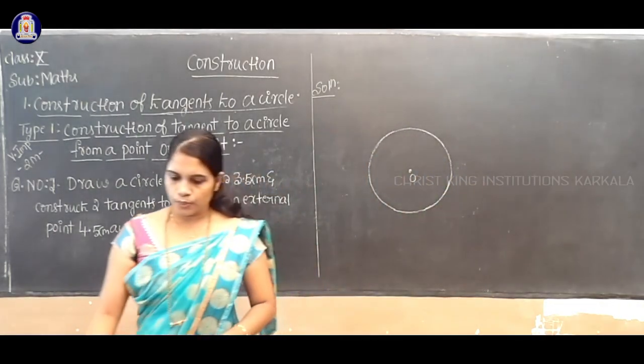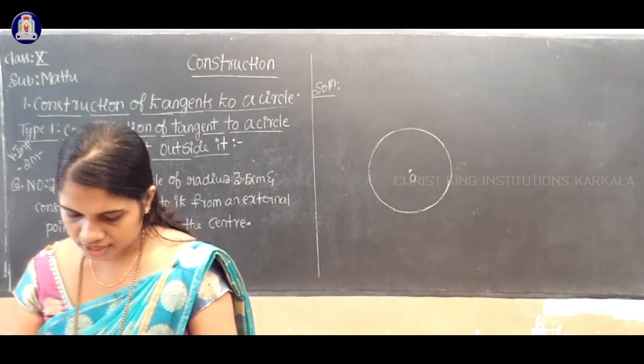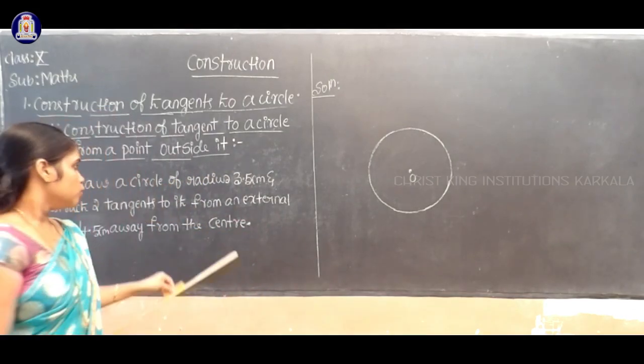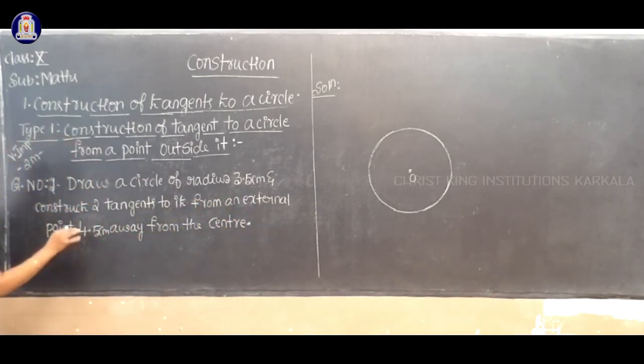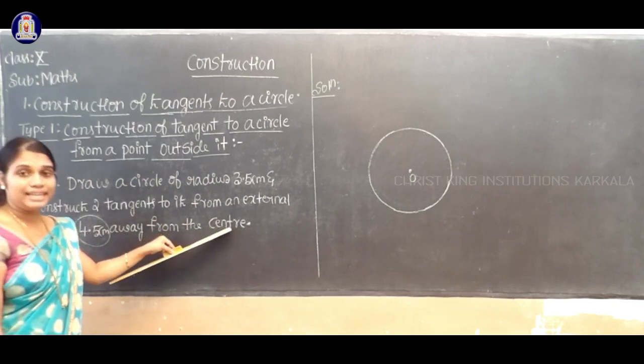Okay. Now we move towards the second part. What is the second part? You have to take one external point. That external point must be 4.5 centimeter away from the center.